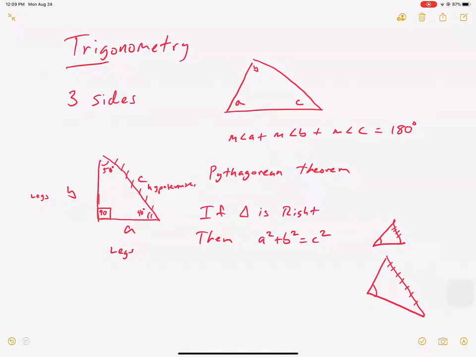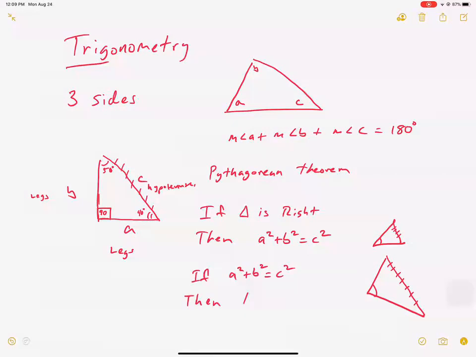So this rule of the Pythagorean theorem says if we have a triangle that's right, then this must be true. It's actually what we call an if and only if statement. It goes forwards and backwards. If our sides are related by a squared plus b squared equals c squared, if for sure the sides, when we square them, add up to the hypotenuse, then this must be a right triangle also.